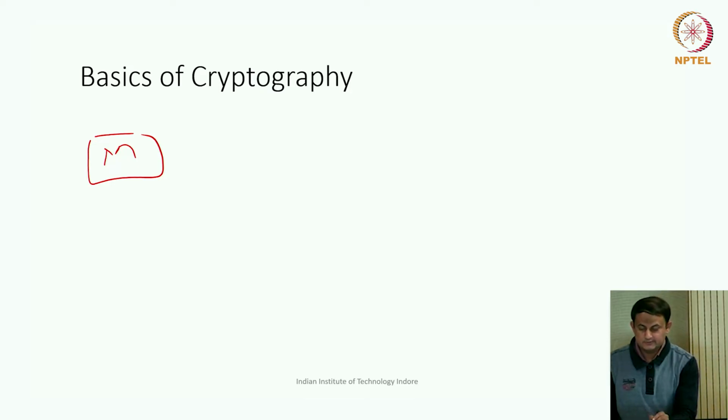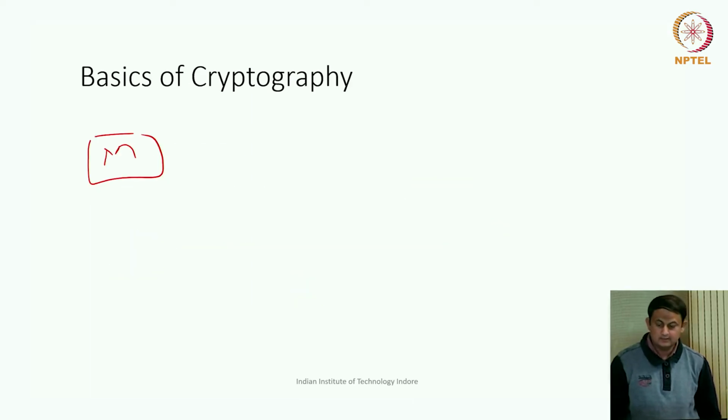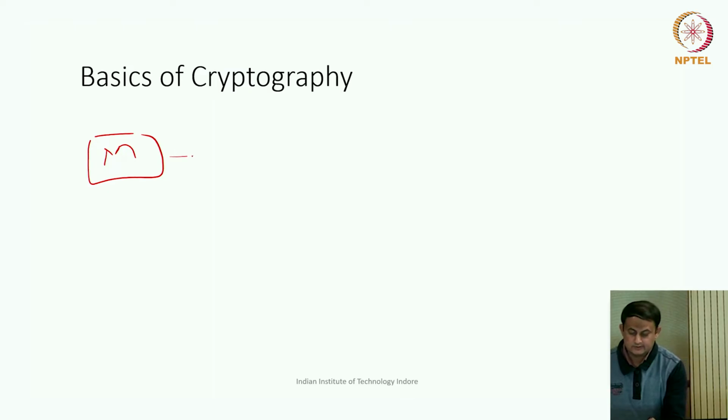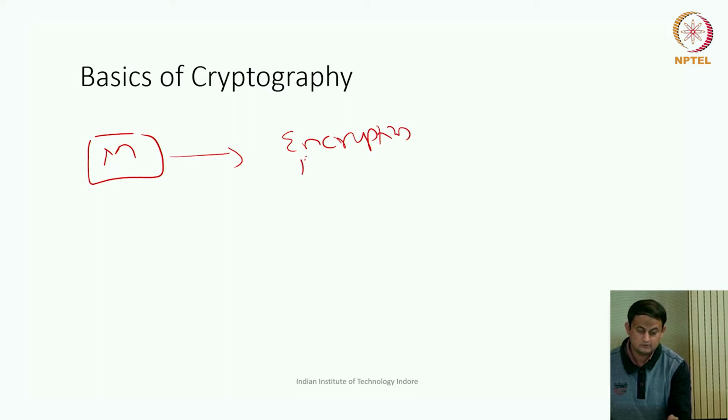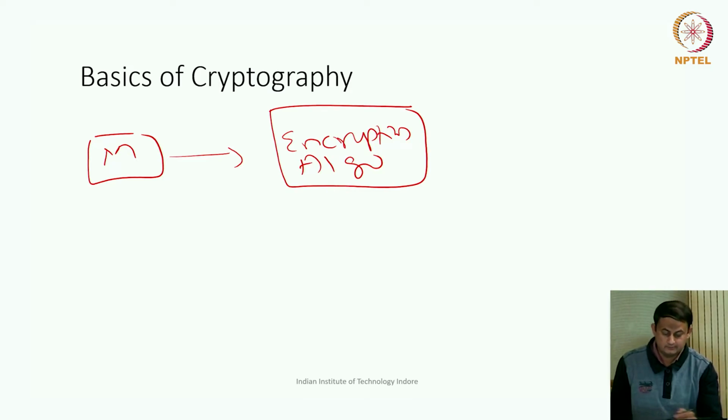When this message M is sent, since the person sitting in the middle can read it, I don't send the message M as it is, but I use an encryption algorithm to translate this message M to some non-readable format, which is actually sent to the recipient.